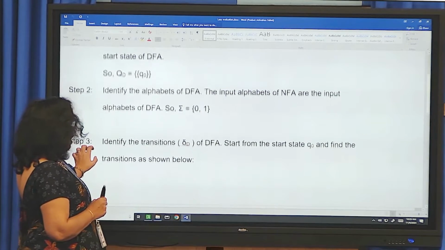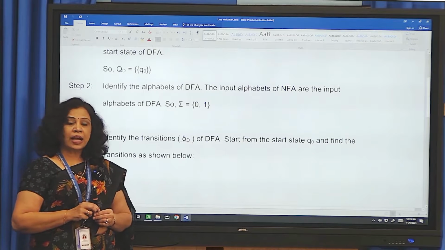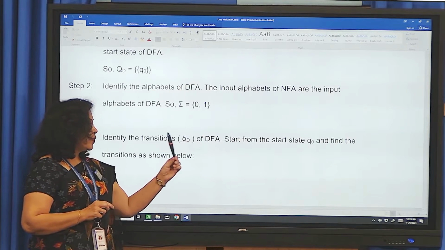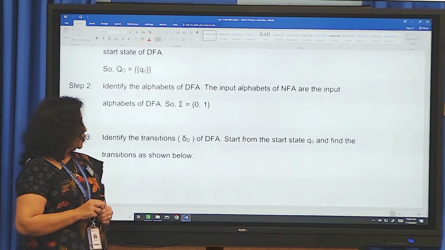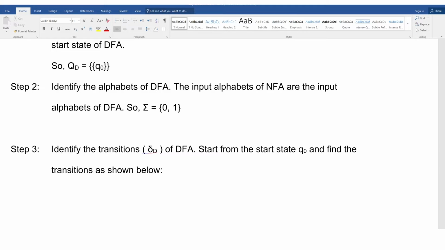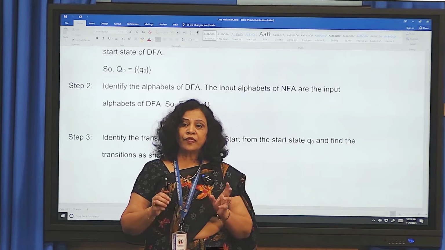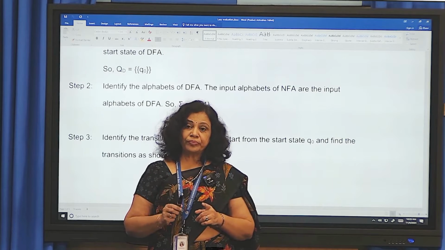Step 3 is identify the transitions delta D of the DFA. So start from the start state Q0 and find the transitions as shown below. Here what we do, we will have the start state and we know the input symbols.